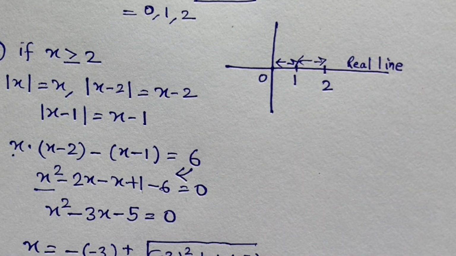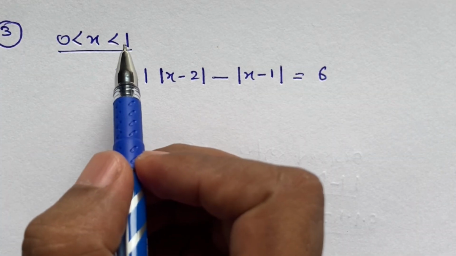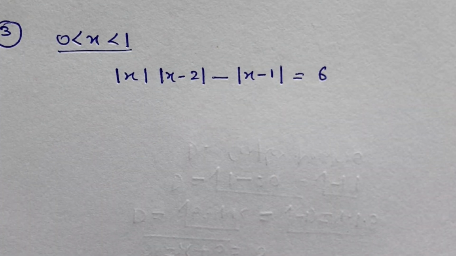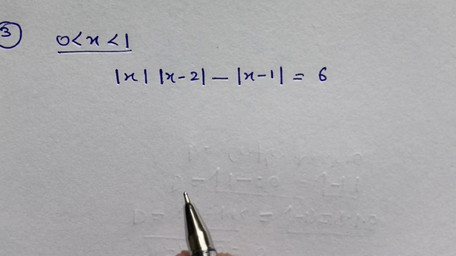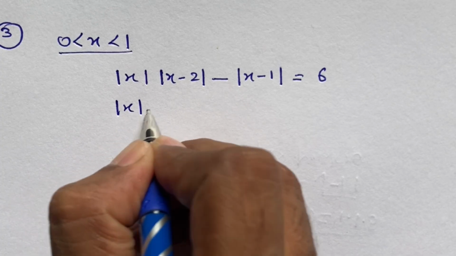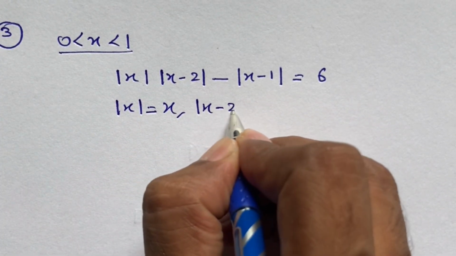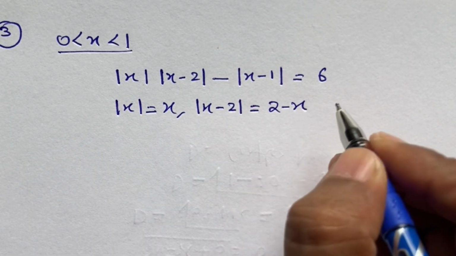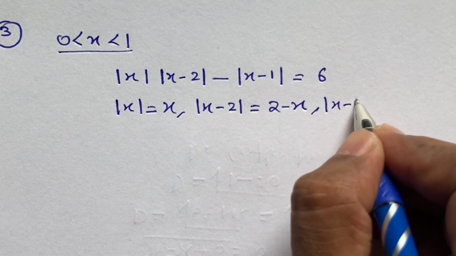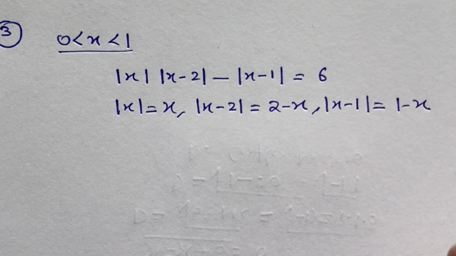Let's see. If x is greater than 0 but less than 1, we have to see how our equation is going to change. For this condition, the mod of x will be equal to x, the mod of x minus 2 will be equal to 2 minus x, and the mod of x minus 1 equals 1 minus x.